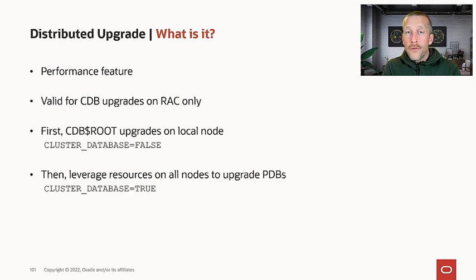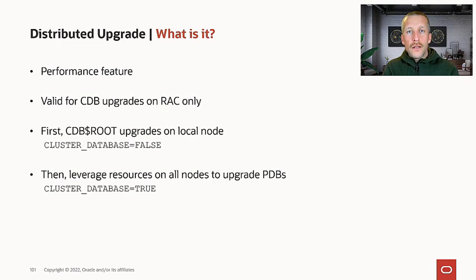This is a performance enhancement that applies to RAC systems running container databases. The more PDBs you have in your container database, potentially the bigger gain there is from using not only proactive fix-ups, but also distributed upgrades. What happens? Well, first of all, we upgrade CDB$ROOT.